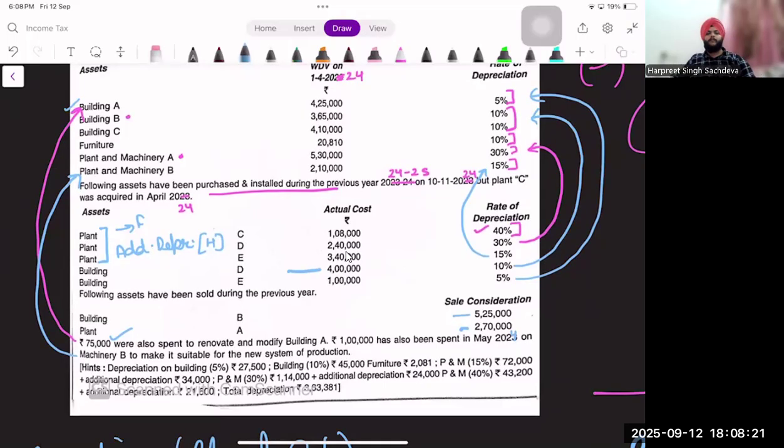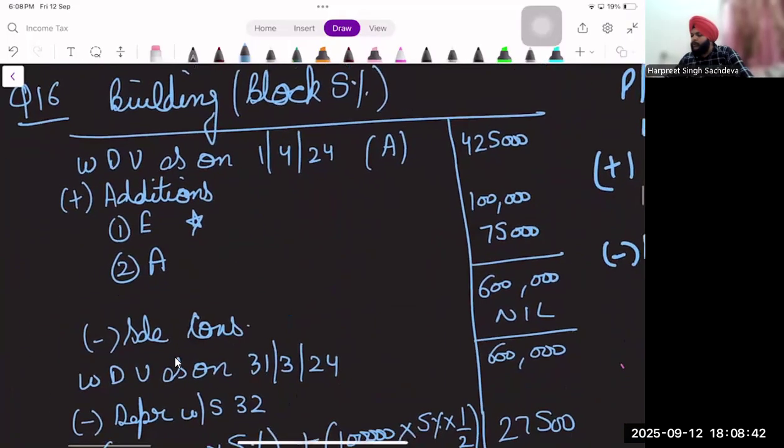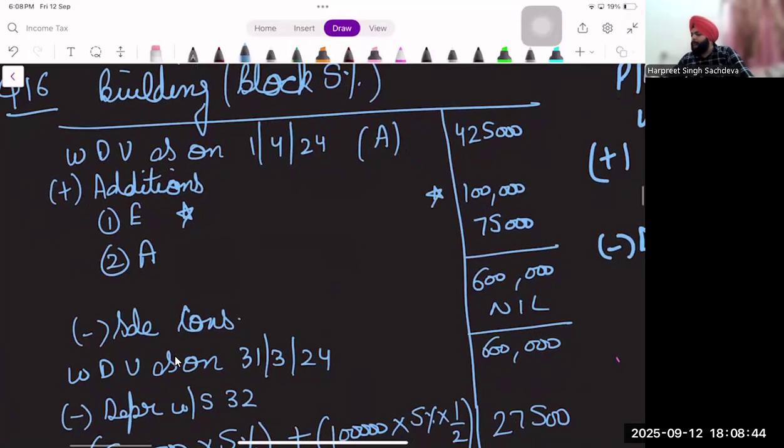I need replies from everyone. Yes, those are less than 180 days. If that's less than 180 days, means building E will also be less than 180 days. So there will be a star in building E.